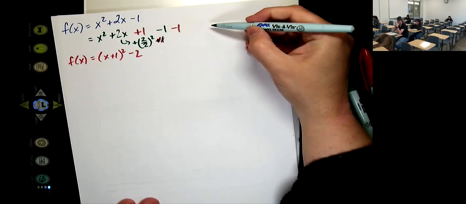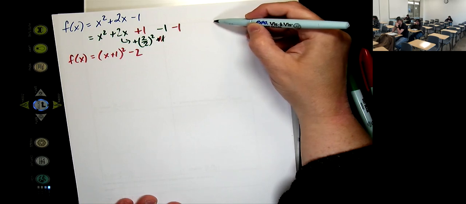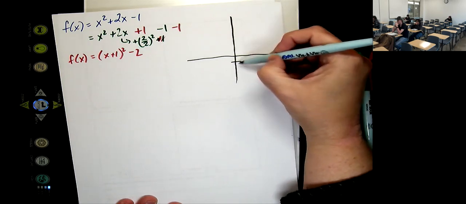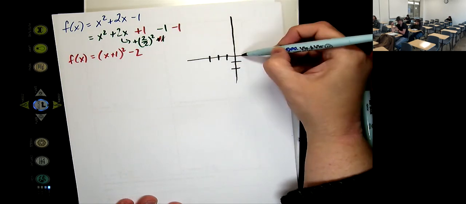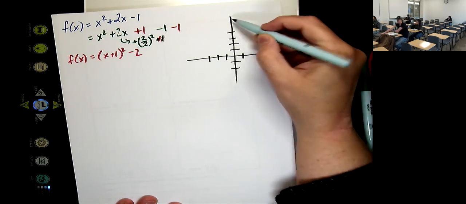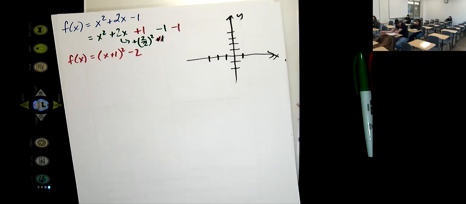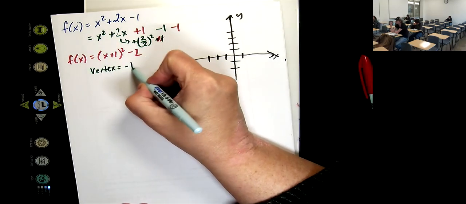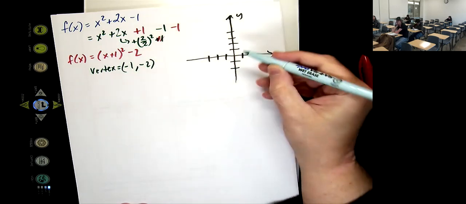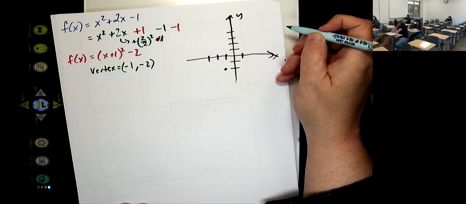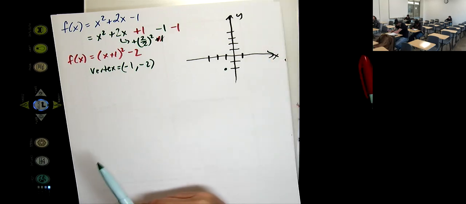So we could graph right from it. My vertex is -1, 2. Or 1, -2, I should say. My value in front of the parentheses is a 1.